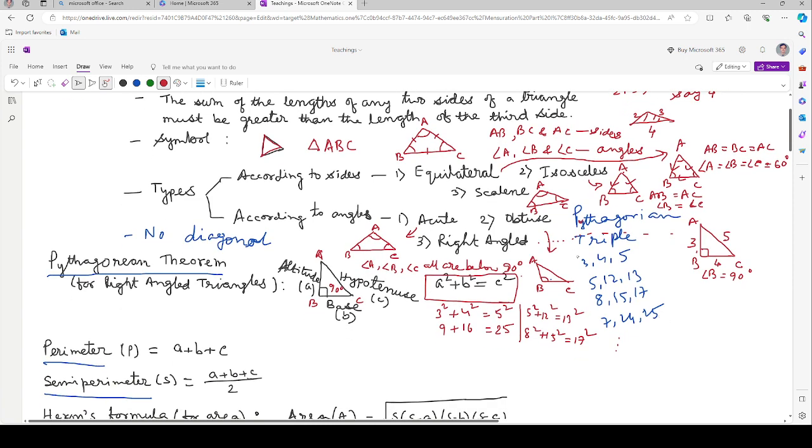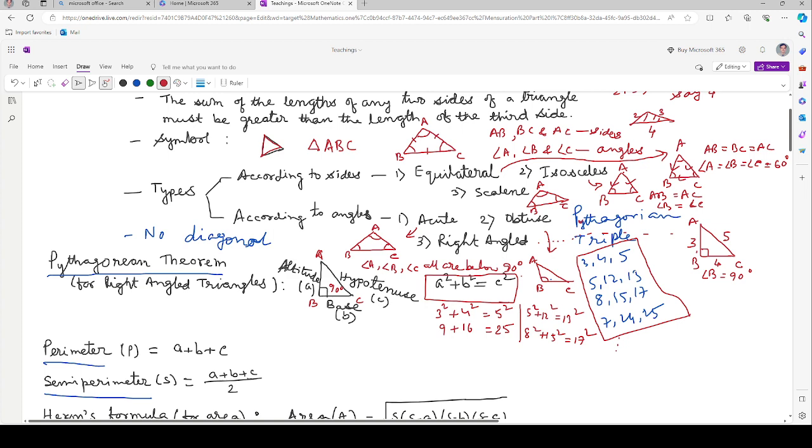So, these triples are to be remembered to quickly solve many problems associated with right angle triangles. It will also help in observing some properties, which will be helpful to solve many problems on right angle triangles.